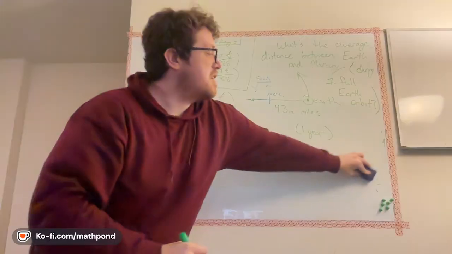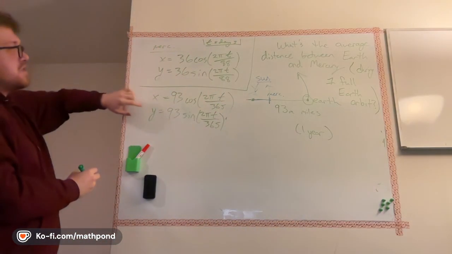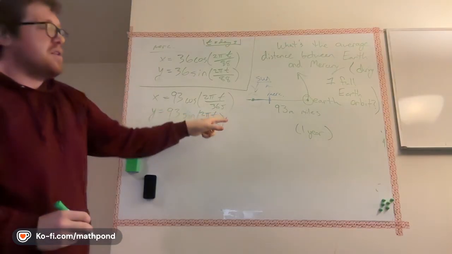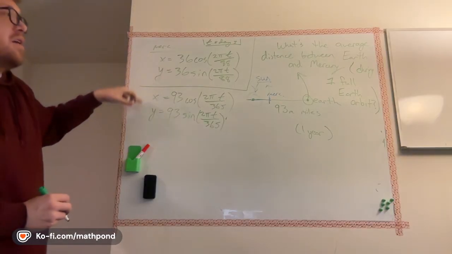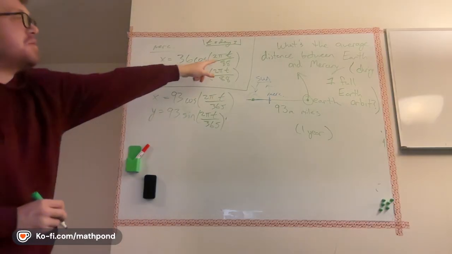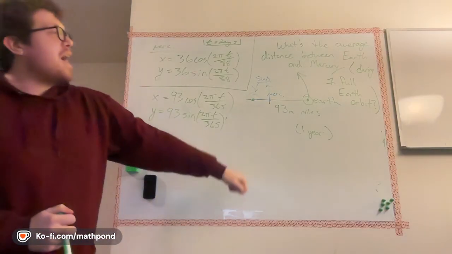Let's erase that because I think what I had written there wasn't even correct. Okay, so we got the Mercury parameterization, Earth, and we're going to want to know the distance between these two xy points at every given time t. That's going to be the distance, and then the average distance.